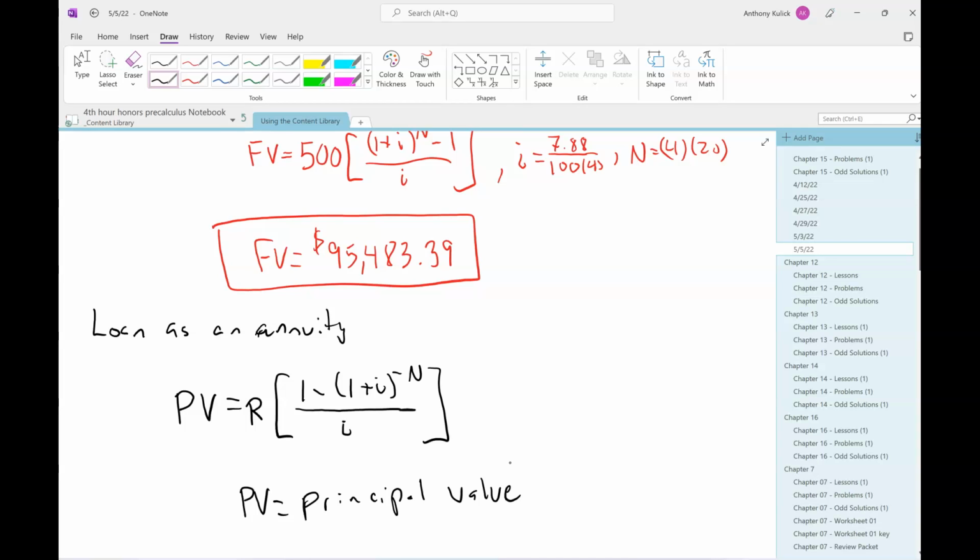It's how much you borrowed, right? Or if you think about it in terms of present value, when you initially take the loan out, say you get a loan for $10,000, how much money do you have initially? $10,000. Or a $10,000 debt, and then you're paying that down every month, right?